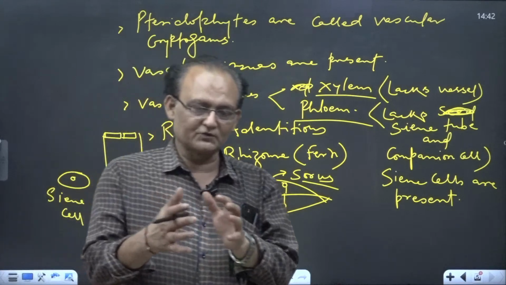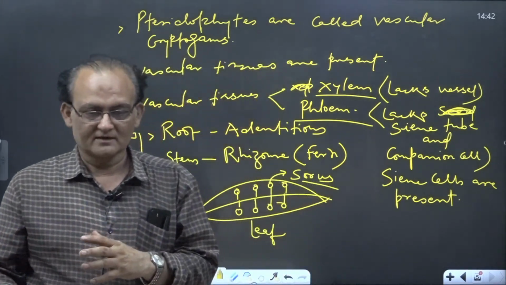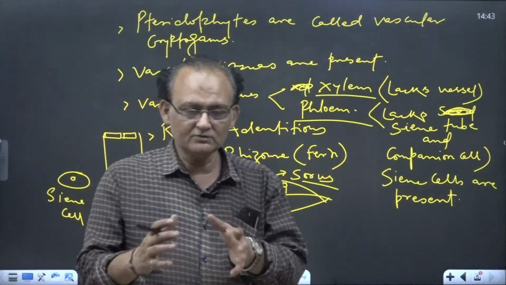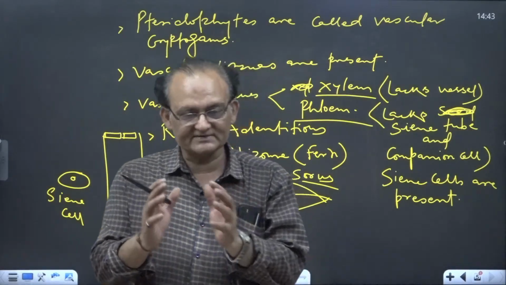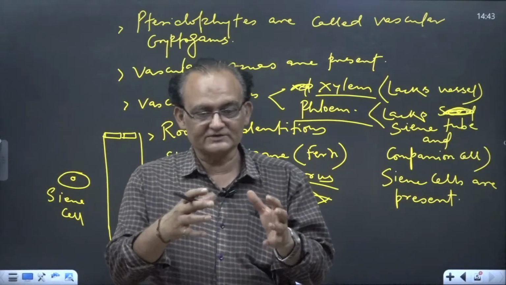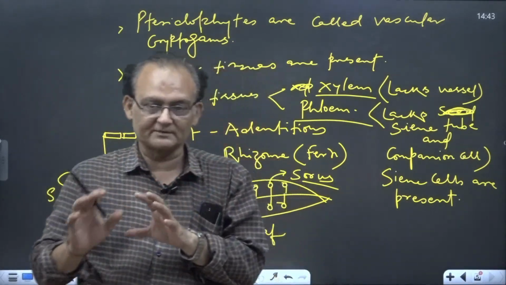If it is homosporous, so if somebody asks you which one is more common, homosporous is more common compared to heterosporous. This is important from examination point of view. Question has been asked in NEET that which one is heterosporous, which one is homosporous. So this you must remember.